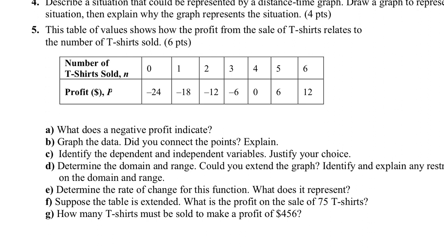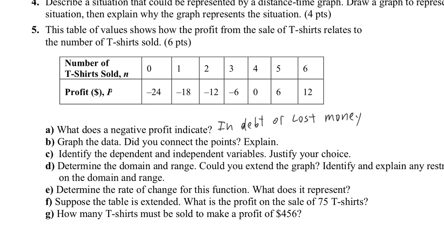In this case here, when you have negative numbers, this would indicate that you lost money or you have negative money, or you could say you're in debt or lost money, because that's what happened.